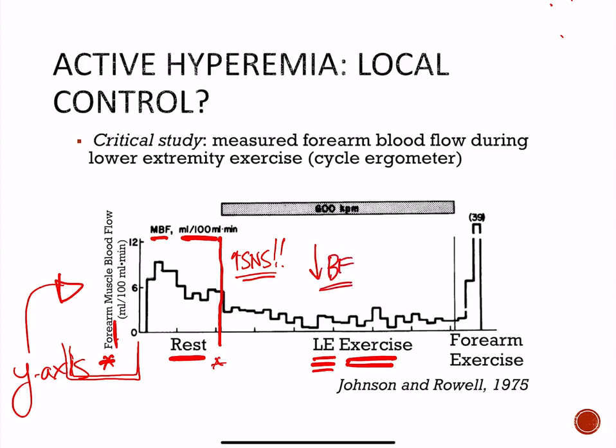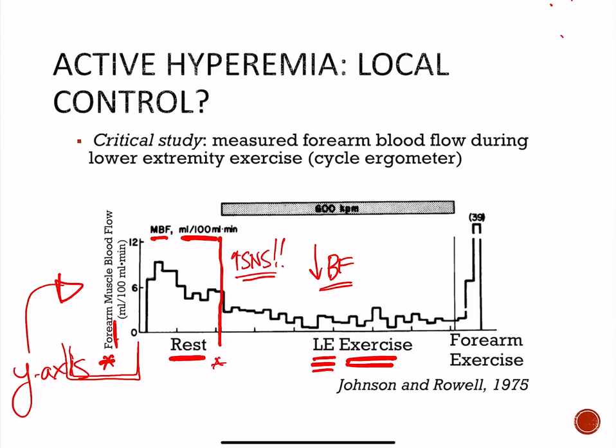Look, it's lower than at rest if you compare the two. This was very surprising to people because you'd think the response to exercise should increase blood flow. But when the muscle they were measuring wasn't working, there was actually a vasoconstriction. The blood flow in the arms went down, which probably helped facilitate blood flow to the lower extremities.